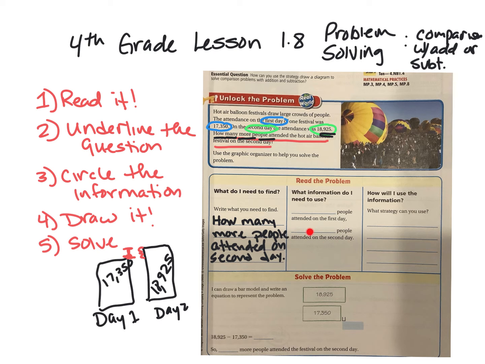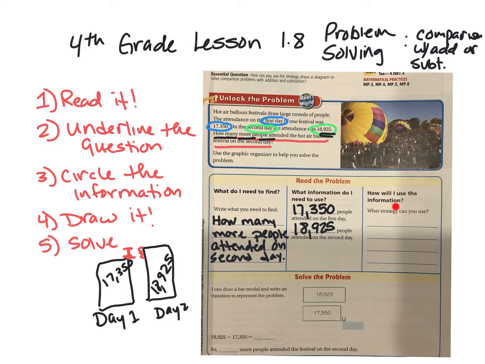And I'm going to go ahead and write in those numbers there because I have them. So the first day was 17,350. And the second amount was 18,925. Notice this second part here is the same as my step 3. Circle the information they gave you. So this was similar to my step 2, and this was similar to my step 3.